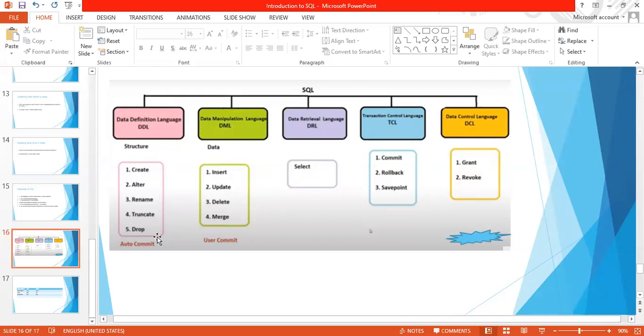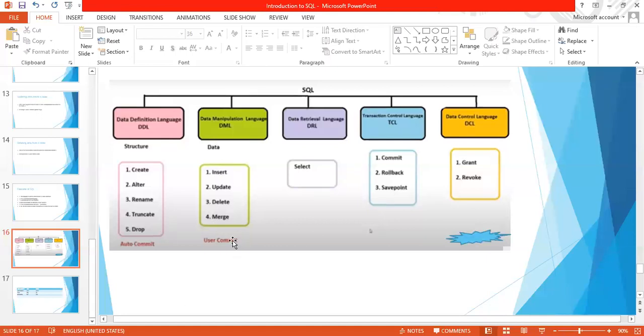We have also seen what an auto commit is and what a user commit is. Whenever we perform any DDL command, it will auto commit. Auto commit is nothing but auto saving; it will save the data automatically.